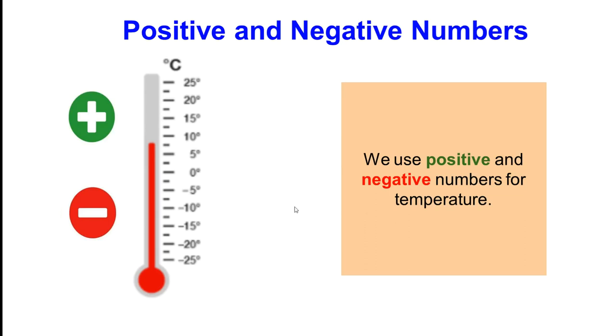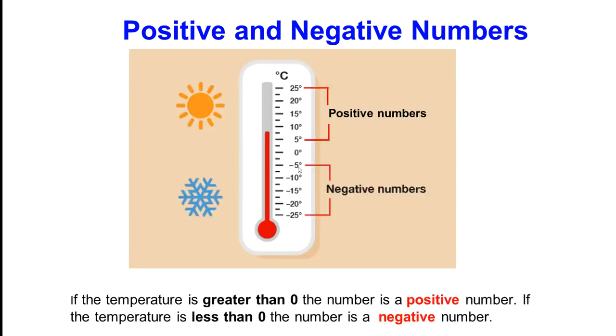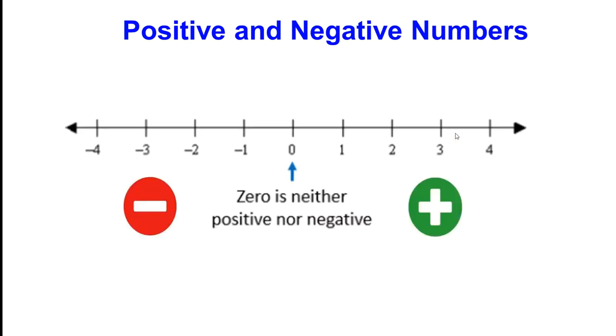These are my negative numbers. If the temperature is greater than 0, the number is a positive number. If the temperature is less than 0, the number is a negative number. But please make sure that you keep this in mind. 0 is not a positive or a negative number.